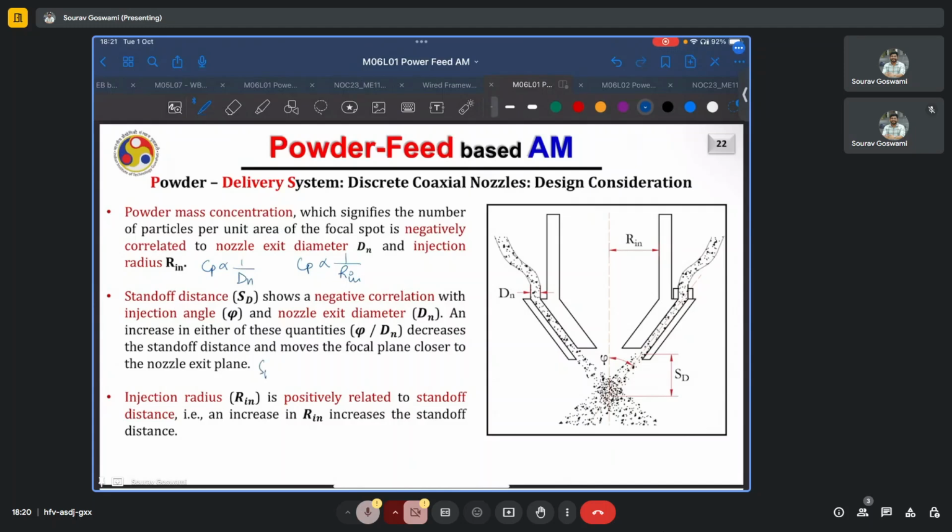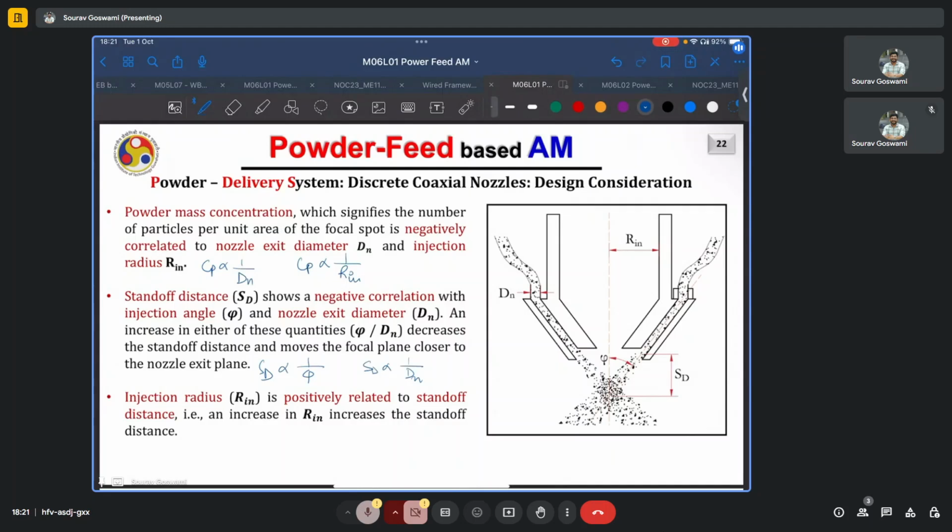So SD is inversely proportional to phi, and SD is also inversely proportional to dn.